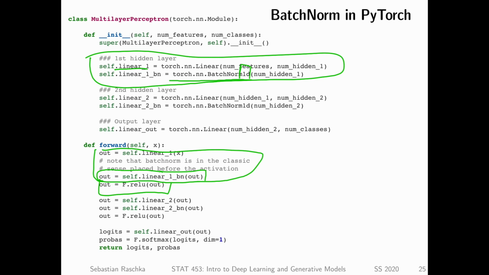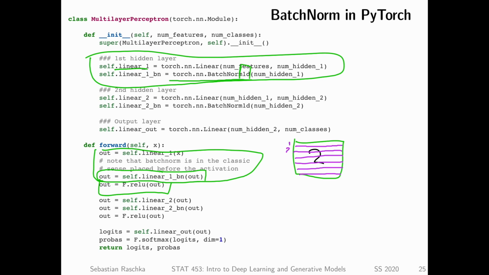But if we later work with images, for example, our MNIST images, we don't reshape them into a vector. Remember in multi-layer perceptrons, what we did is we concatenated each row to a long vector.